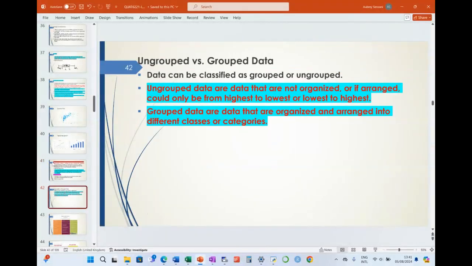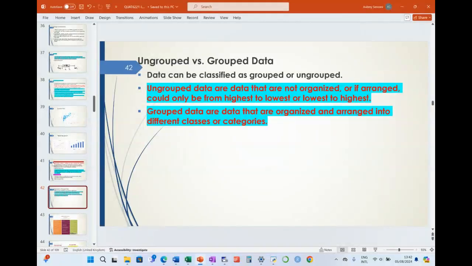Okay, so now we are talking about grouped versus ungrouped data. What is ungrouped data? Ungrouped data are data that are not organized, or if arranged, could only be from highest to lowest or lowest to highest.